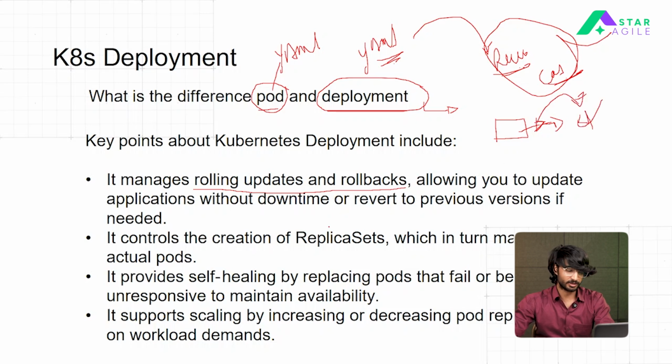But for now, just understand that there is something called rolling updates and rollbacks. This is a feature we have in Kubernetes deployment. It allows us to deploy an application or to revert an application with zero downtime. You see, zero downtime, we can roll out and we can roll back.